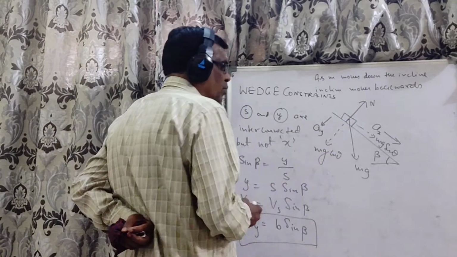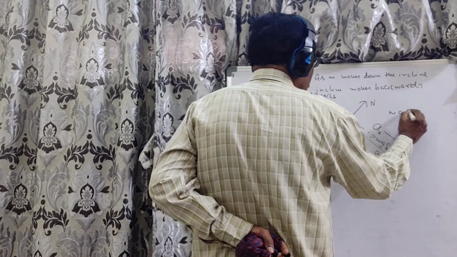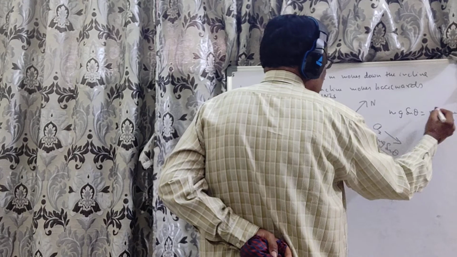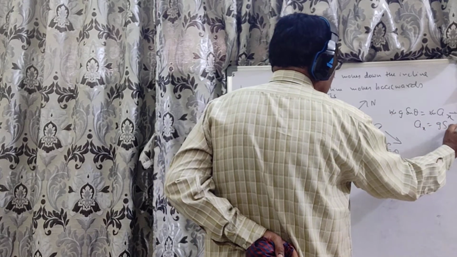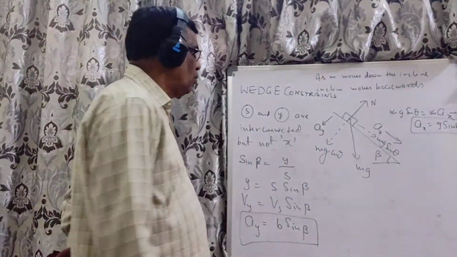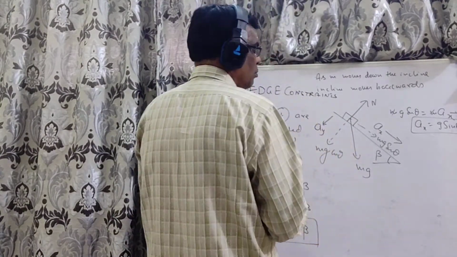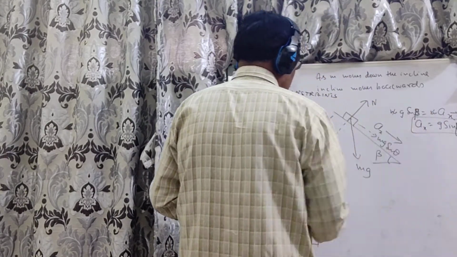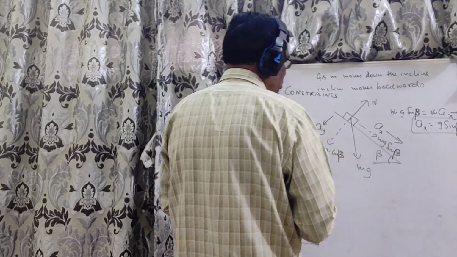How do you write your equations here? Along this there is no other force. So mg sin beta is equal to m ax. So m gets cancelled, and your ax is nothing but g sin beta, straightforward. What about this? Sorry, I was putting theta here, be careful. It is beta, everywhere beta.